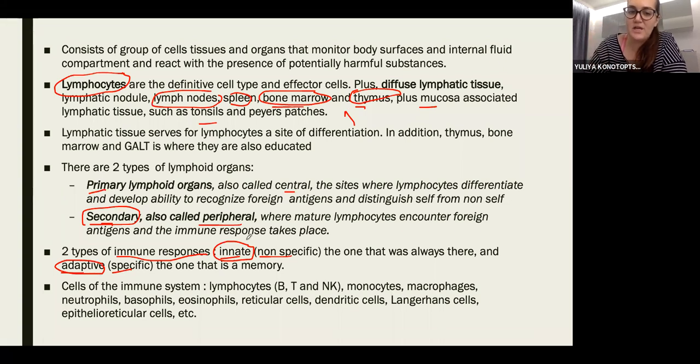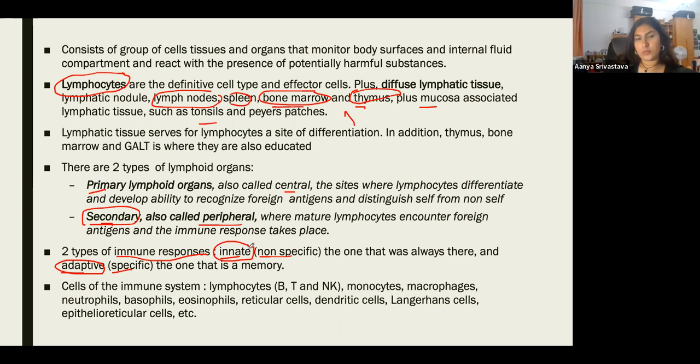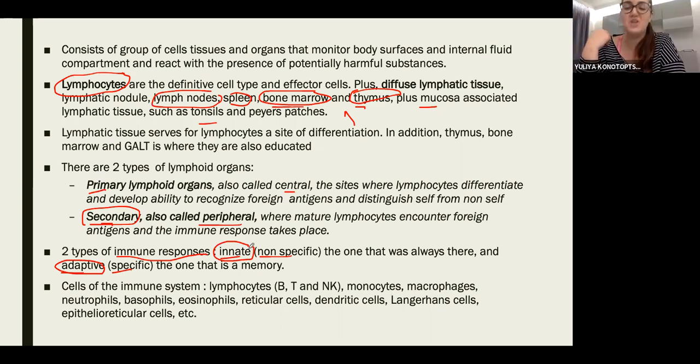So for innate immune response, every time is like a new time. It doesn't matter how many times it encounters that bacteria or virus, every time it meets it, it's the same as new. I have never seen this bacteria ever before in my life, right? Even though it encounters that bacteria for the 1000th time already.